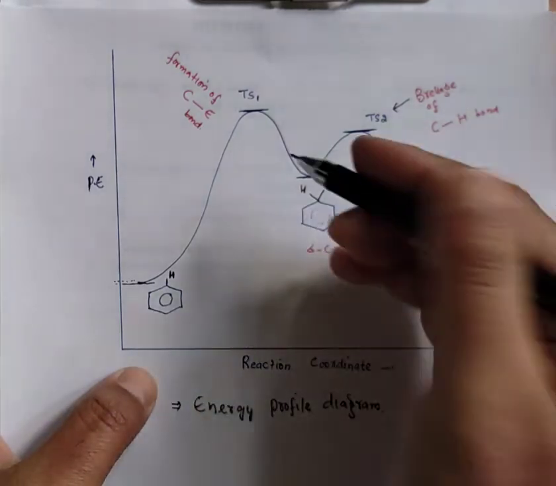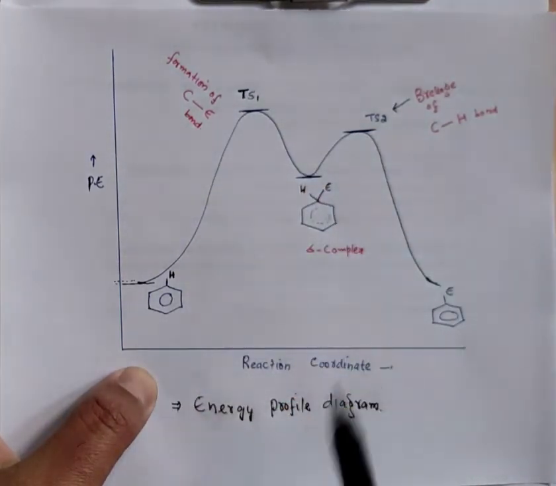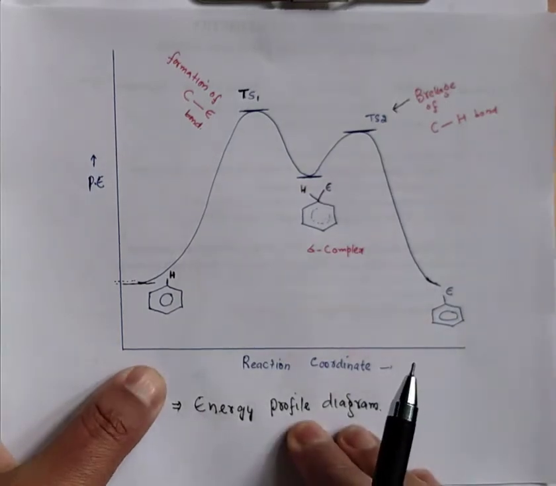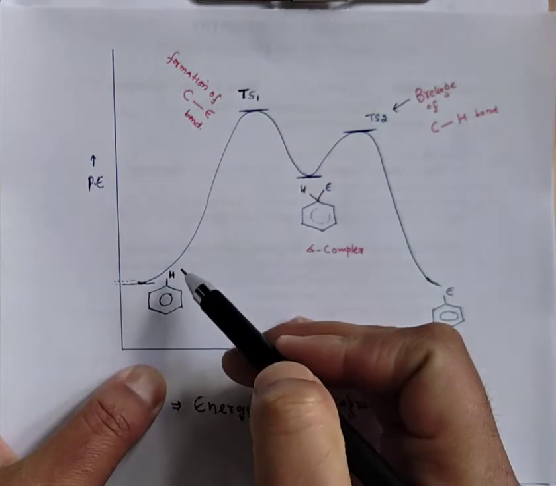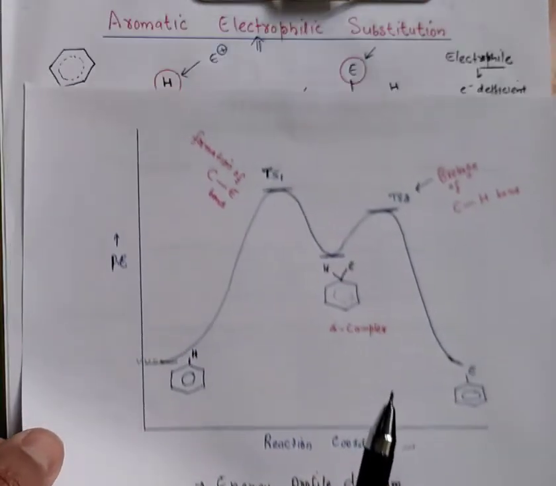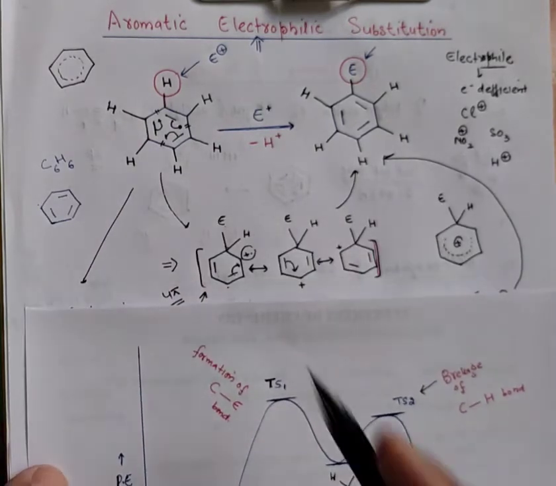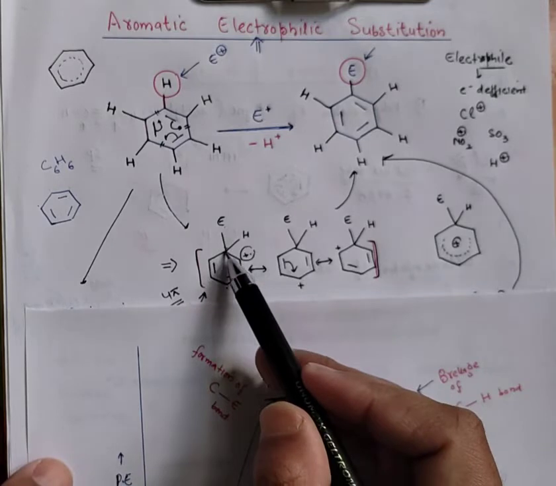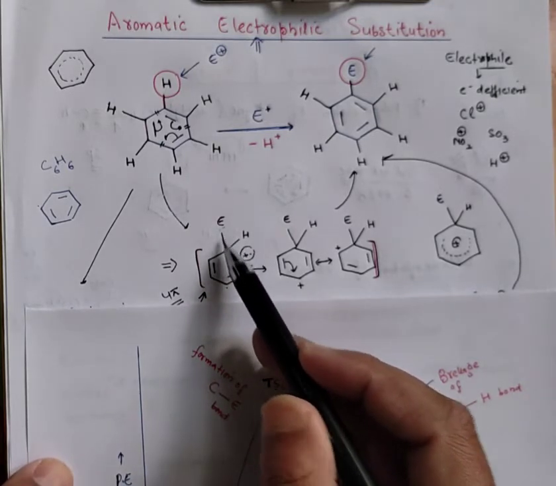Now, if you move here, it is written as TS1. It's called transition state 1. What is a transition state? And then it is also written formation of C-E bond. So basically, if you go a bit back, the intermediate I showed here, I have shown you that's a carbon-E bond. This is the carbon of the aromatic ring, and this is not formed immediately.